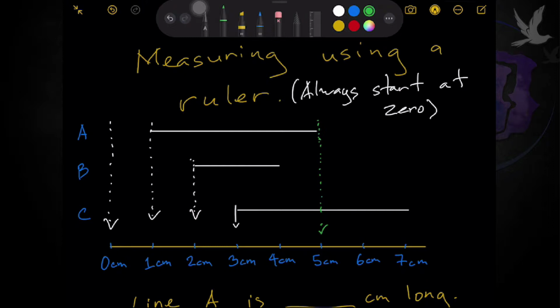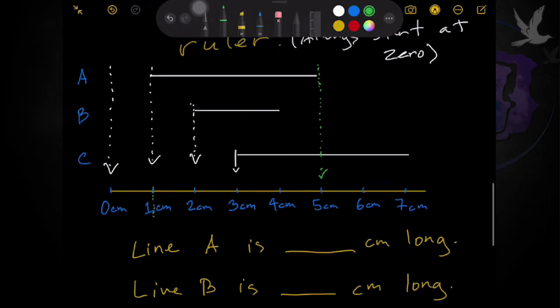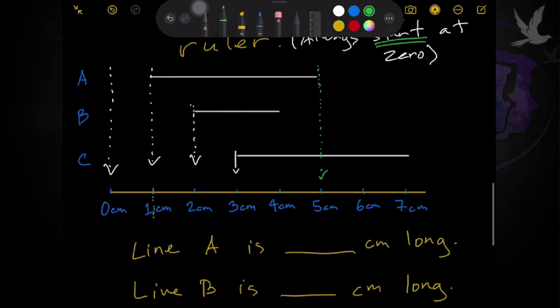Okay. So to get its actual measurement, you start counting from where it started. In this case, it started here, right? But like what I've said earlier, always start at 0. So you start counting this as 0 until you reach this point. So that's 0, 1, 2, 3, 4.